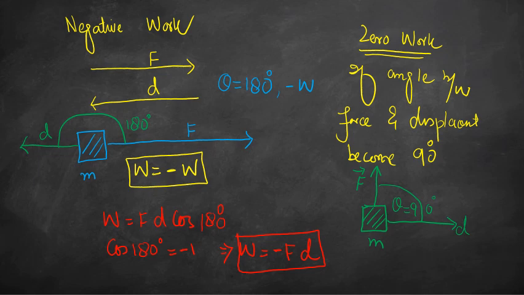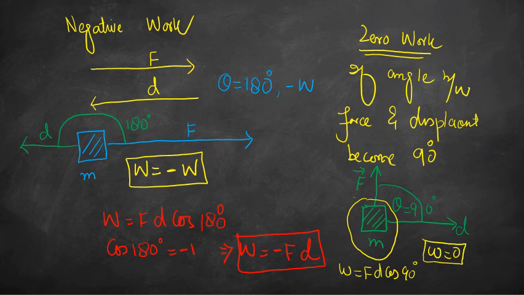This means that the work done on such a block will be 0 and the block will remain at rest. Since W is equal to F into D cos of 90, and cos of 90 is equal to 0, work is equal to 0. So no work will be done in this condition if force and displacement vector are perpendicular to each other.